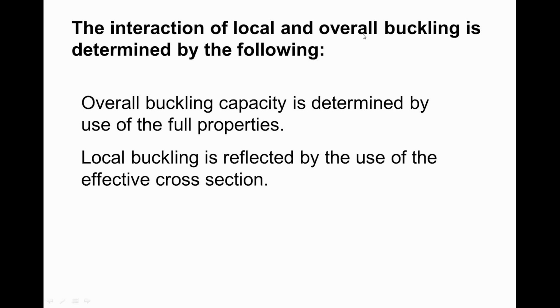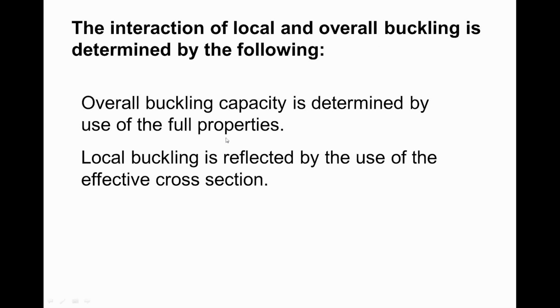Think of a wall stud, for example, and I've loaded it axially. It will reach a certain load point where it will just buckle or move laterally. Or if you want to have some fun time, take a yardstick and push on the ends of it. At some point, that yardstick is going to buckle or move laterally on you. That is overall buckling. So how do we reflect that? Overall buckling capacity is determined based upon the full properties.